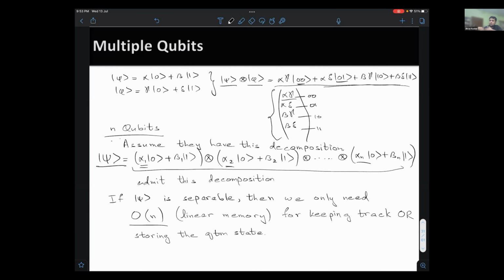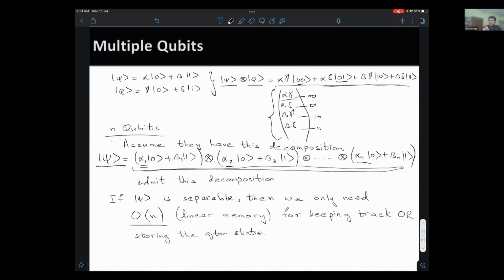Then what I could do is just keep track of this O of n memory and apply whatever operations I need to do. I only need to apply an operation to these n elements to figure out how the state will evolve. Hence, if there is anything interesting that will happen on a quantum computer, or there is a quantum algorithm that does exhibit quantum advantage, we know that at some point in its computation, it will not admit this decomposition. Because if it always admits this decomposition, then we know that there's an efficient classical simulation for it.